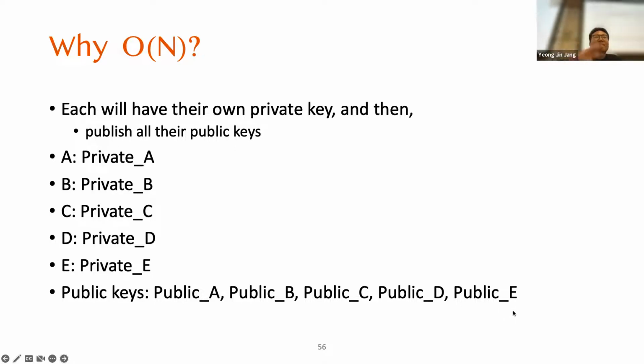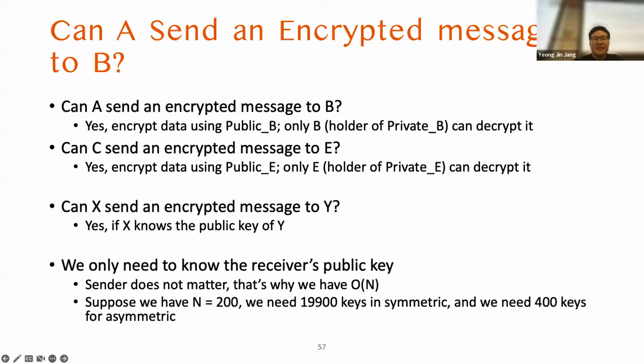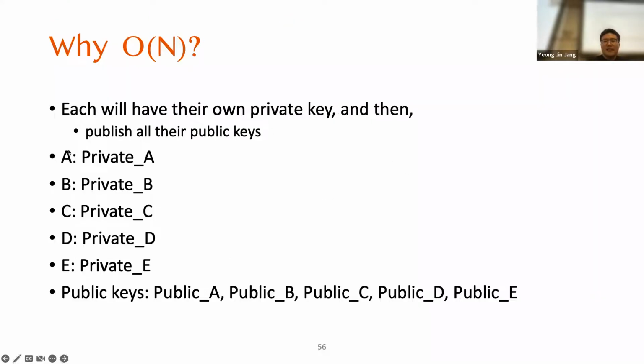Then anyone can encrypt to anyone securely. Suppose we have this kind of configuration. Can A send an encrypted message to B? Yes, because A can grab the public key of B and encrypt the message. Then only B, the holder of the private key of B, can decrypt the message.